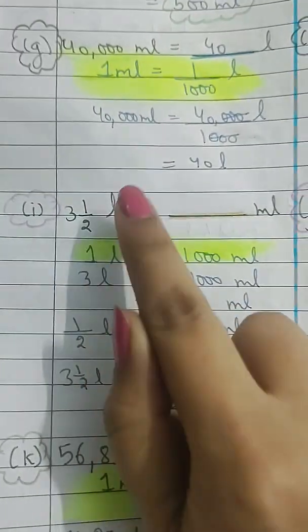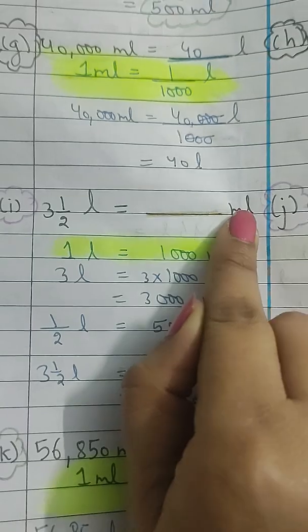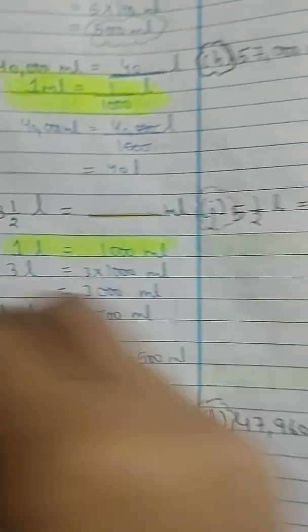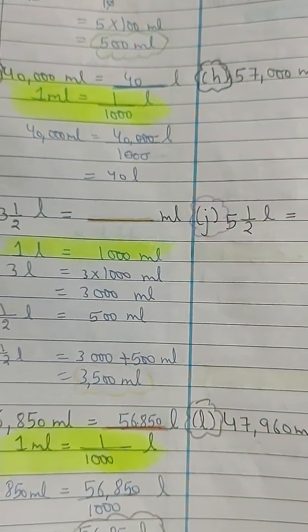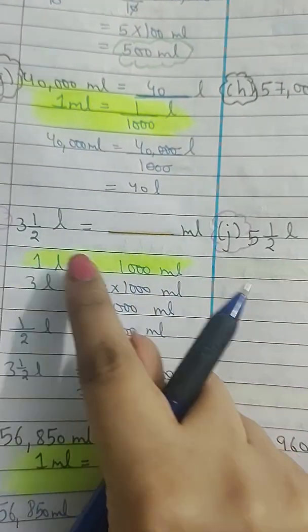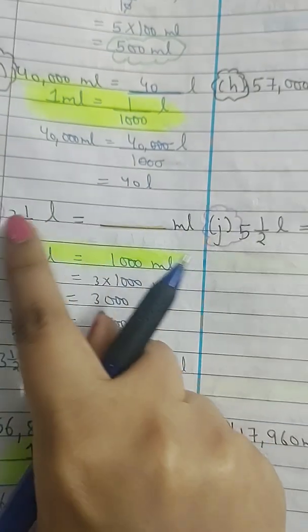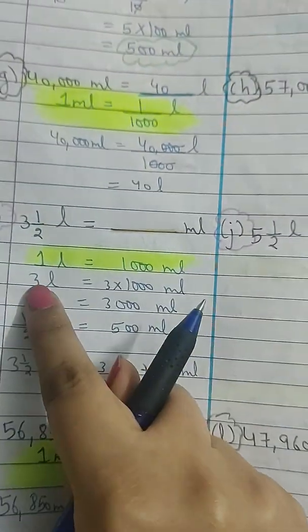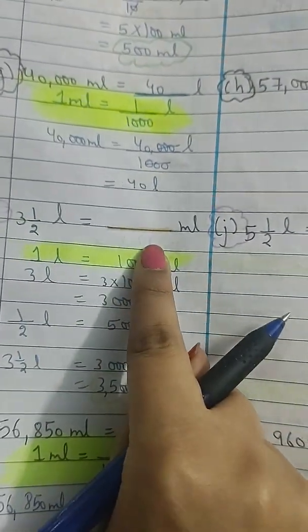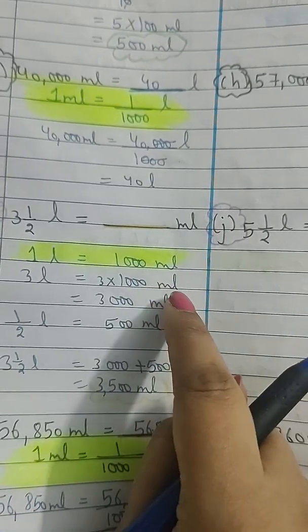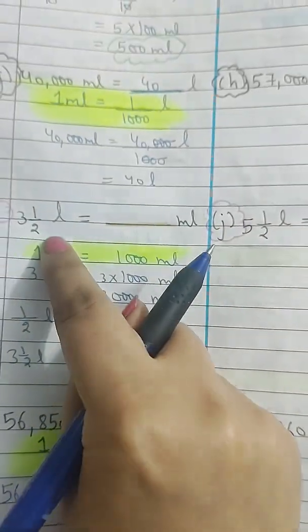Now 3 1 by 2 liters, we have to change it into milliliters. Here bigger to smaller we are going. So 1 liter we write as 1000 ml. Firstly we will take this 3. So 3 liter is equal to 3 multiplied by this 1000. It will be 3000 milliliters. Now we will take half.